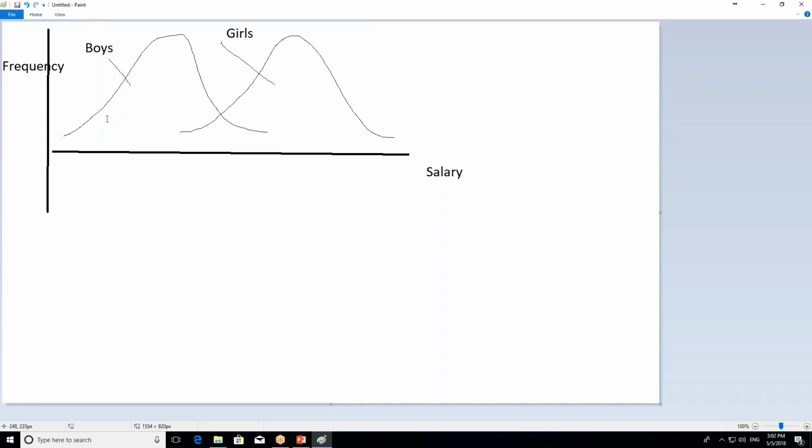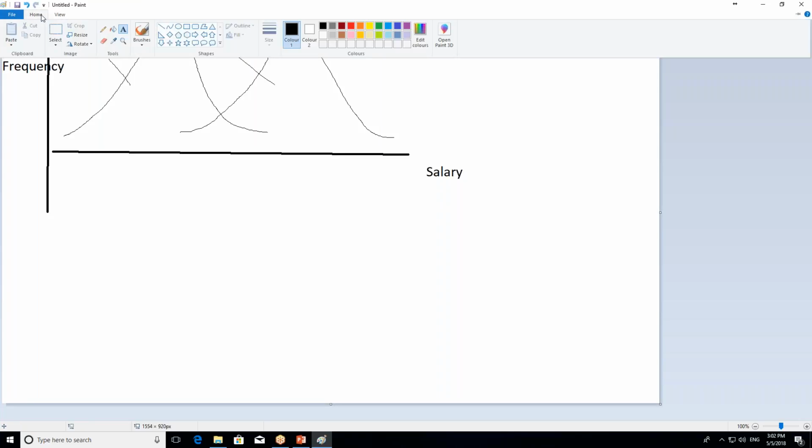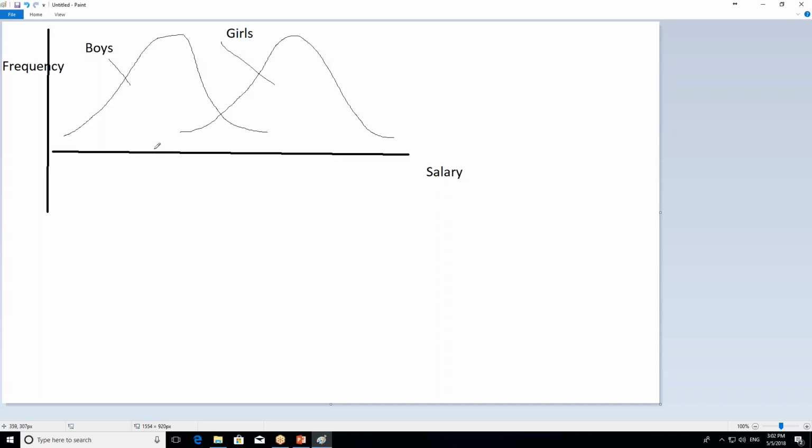In this case, my assumption is boy salaries and girl salaries are the same. The boy salaries are represented by their mu, I mean mean salary, so I get mu1. Similarly, I get the mean salary of girls as mu2.